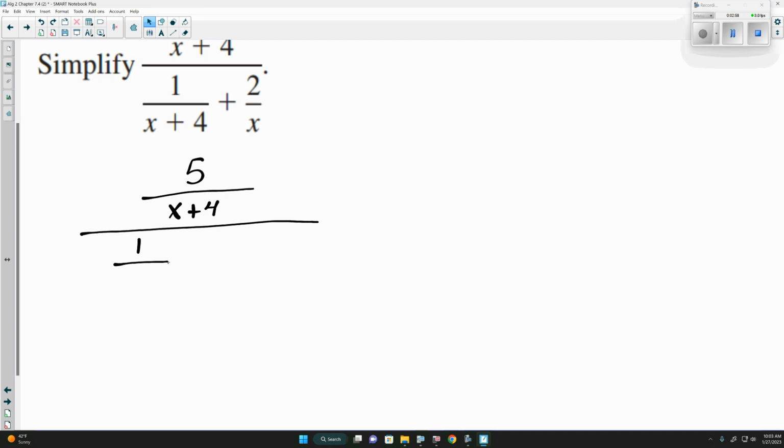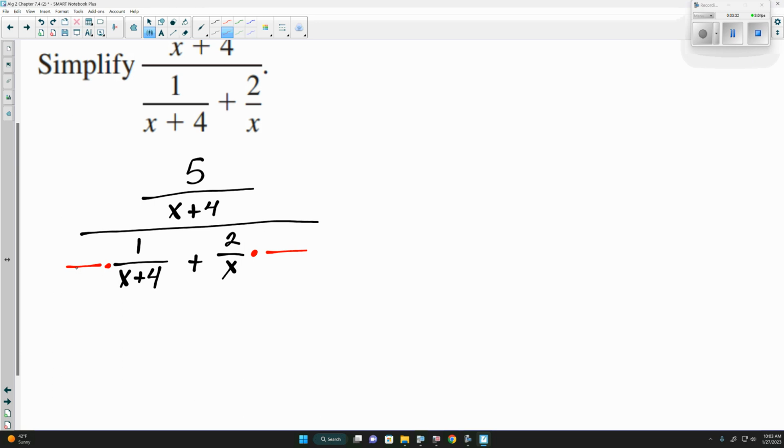Now the denominator: 1 over x plus 4, and 2 over x. Those denominators are as simplified as they get. But we want to add them together, and to do that we need the denominators to be the same. So we need to multiply each one of these by an expression to get the denominators to be the same.